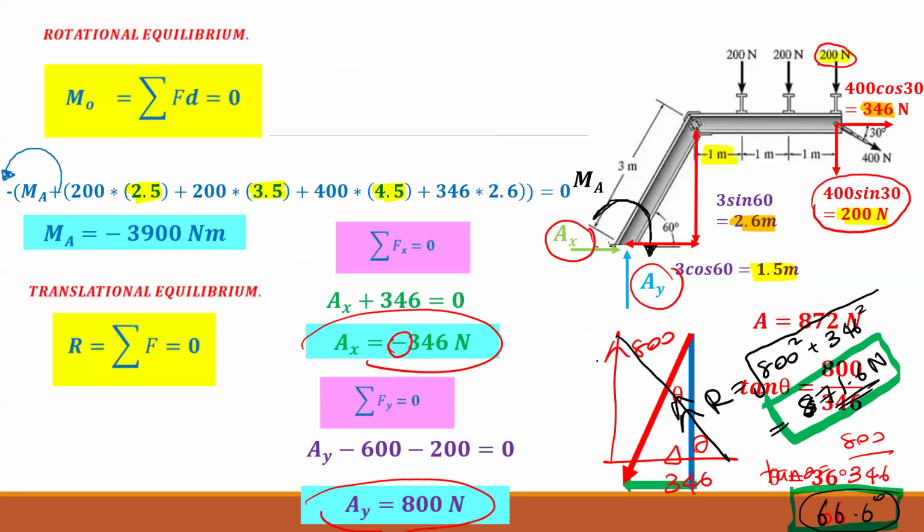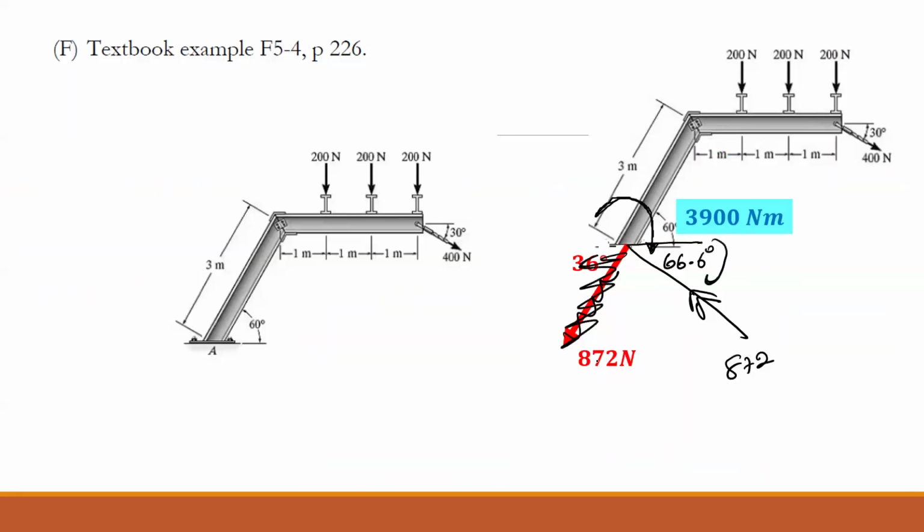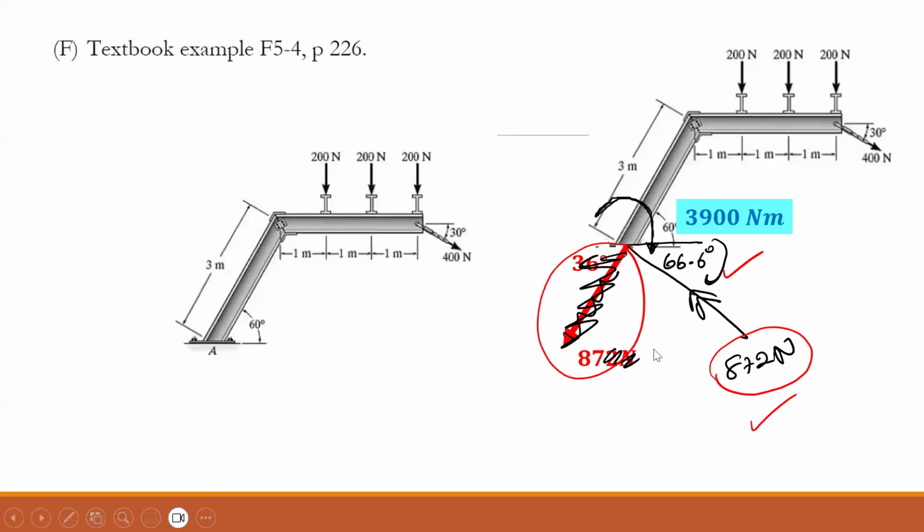Is that what you got? Yes, roughly 872 newtons. So are we all okay? So this 872, we know how we got it, and this 66.6 also we know how we got it. The only error I have here is this direction because I have done something wrong there. So the rest is okay.